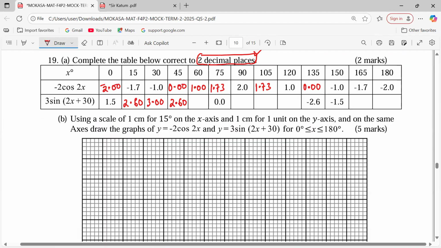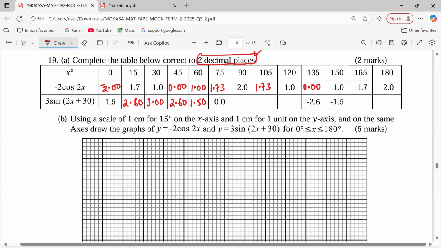Then at 60, 3 sine of, you open brackets, 2 by 60 plus 30. 1.5. So we'll be having 1.50.